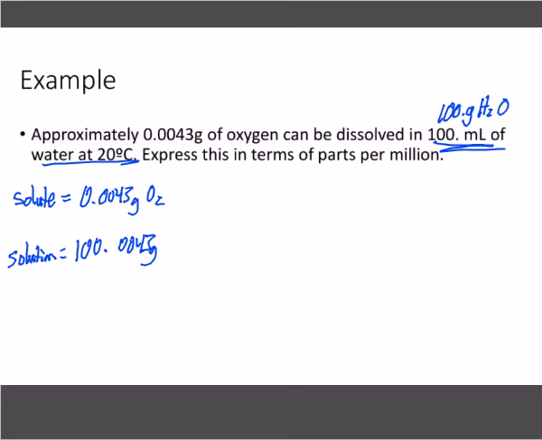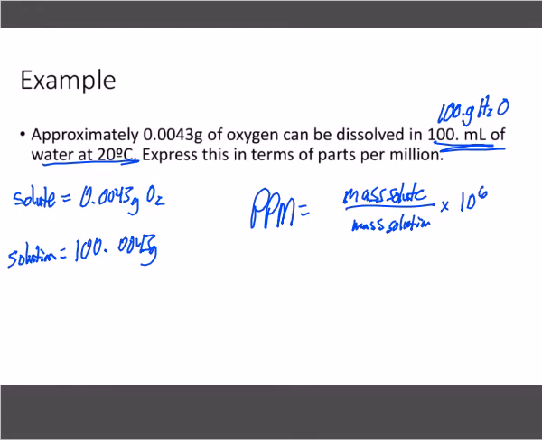That's why we use parts per million. So we're going to figure it out the same way. ppm equals, I'll say it again, mass of solute divided by mass of solution times 10 to the 6th. That's 1,000,000.